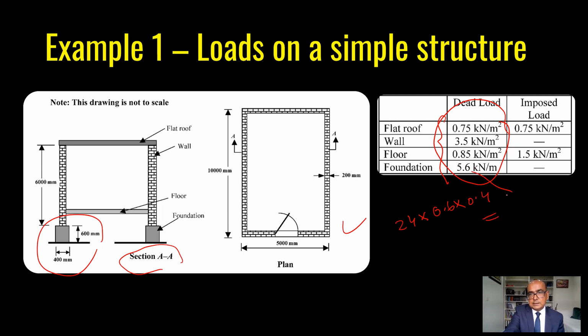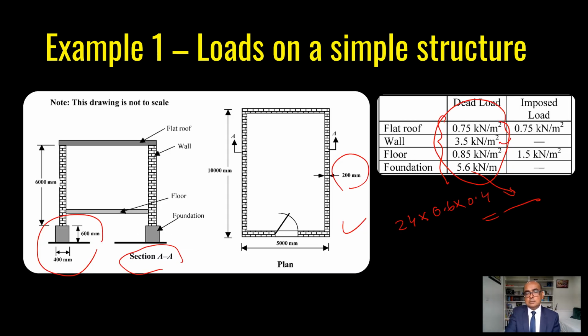You will roughly get this value. And for floors and walls, I would assume that walls are brick, so a brick wall has a density of probably 18 kilonewton per meter cube. If you multiply it with the thickness of the wall, you will roughly get this value. Let us see how we can find out the loads transferred.